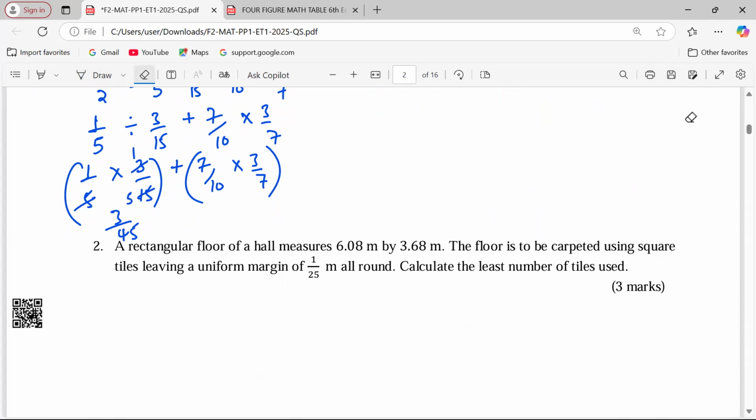So 1/15, that is. When we simplify 15 by 3, we're getting a 5. Therefore, we should talk about 1/15. Then on the other side, we can have 7 cancelling, so that we have 3 out of 10.